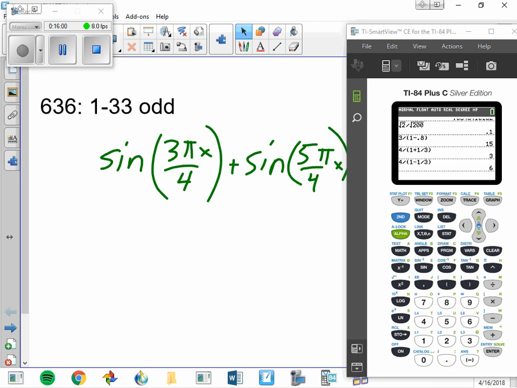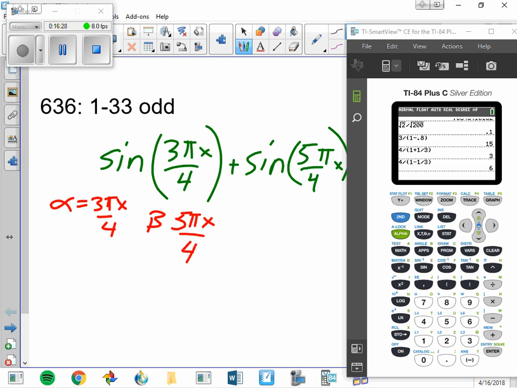This actually has a set of instructions for you. So of those 4 sum to product formulas, which one do we have? Yeah, I think so. So the first one, okay? So it calls alpha 3 pi x over 4, and it calls beta 5 pi x over 4.